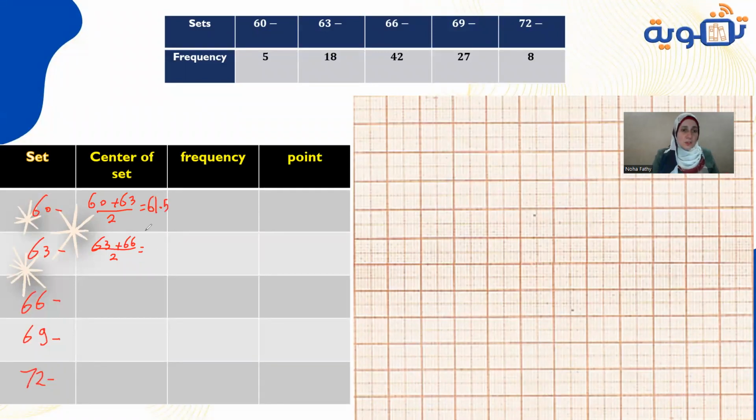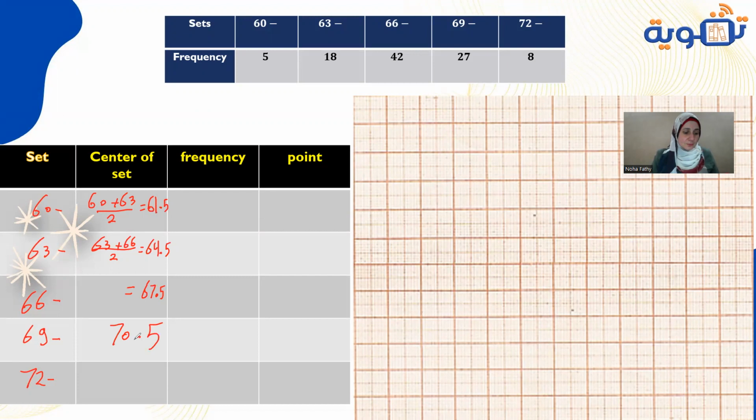Then the same concept: 63 plus 66 divided by 2 gives me 64.5, and so on. 66 plus 69 divided by 2 equals 67.5. Then the same concept, equals 70.5.